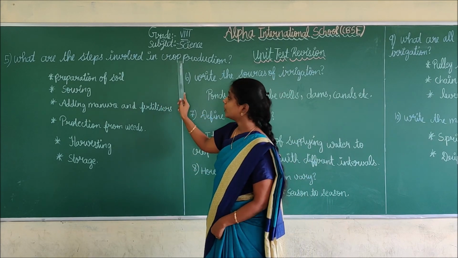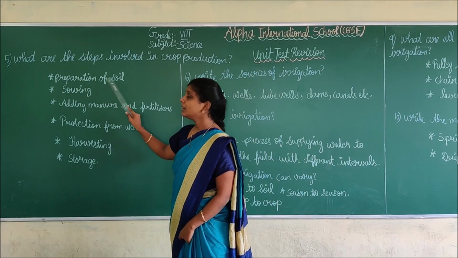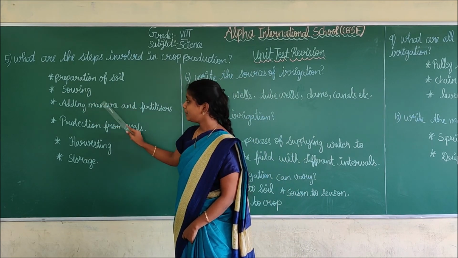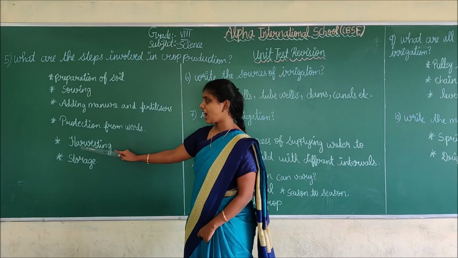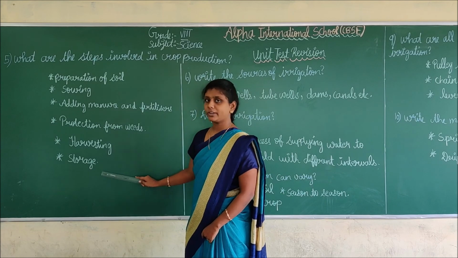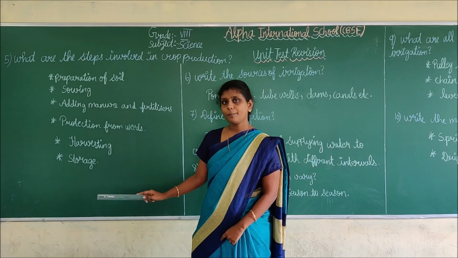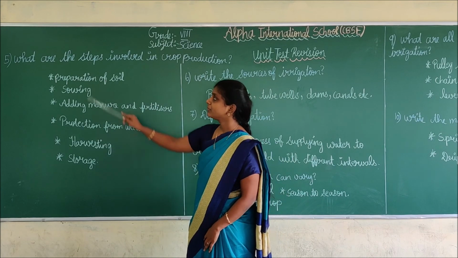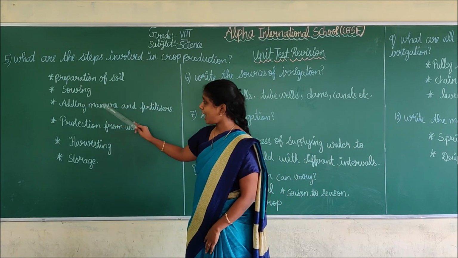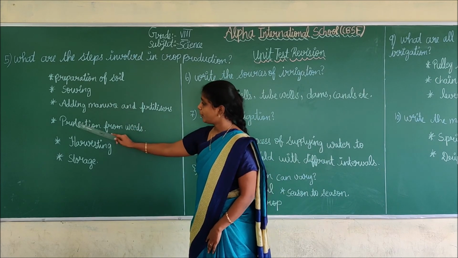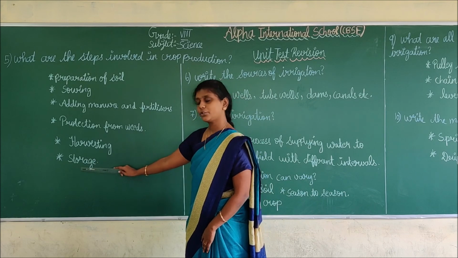Preparation of soil, sowing, adding manure and fertilizers, protection from weeds, harvesting and storage. Repeat after me: preparation of soil, sowing, adding manure and fertilizer, protection from weeds, harvesting and storage.